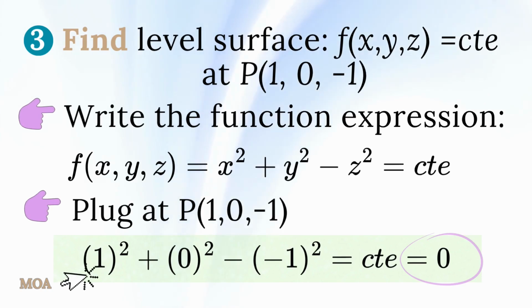Then, to determine the constant, plug in the coordinates of P, 1, 0, negative 1 into the expression for f. This gives 1 squared plus 0 squared minus negative 1 squared equals constant, which equals 0. Namely, x squared plus y squared minus z squared equals 0.